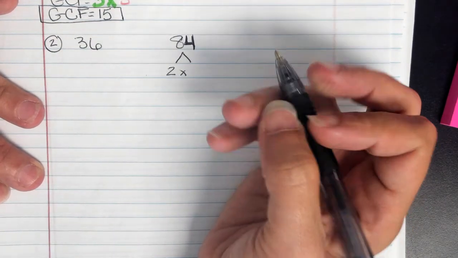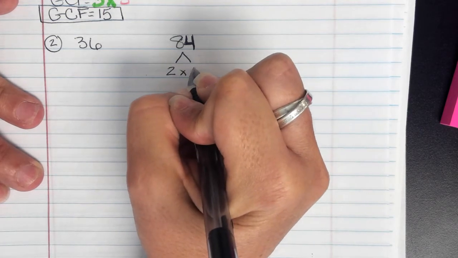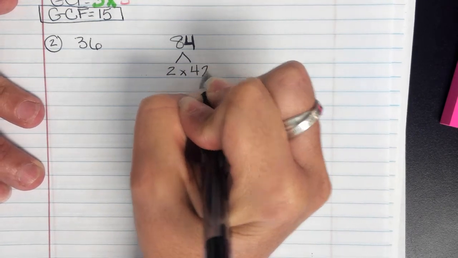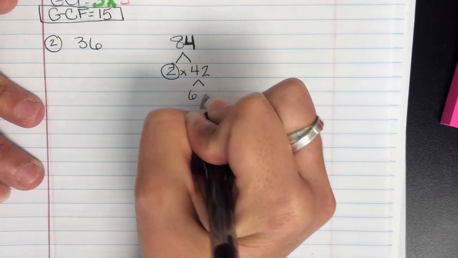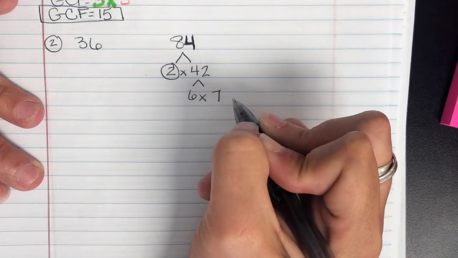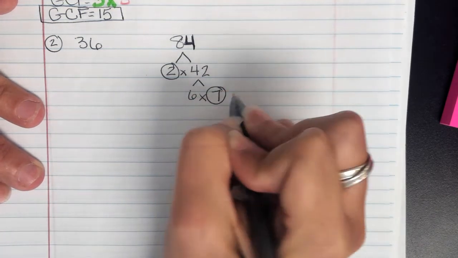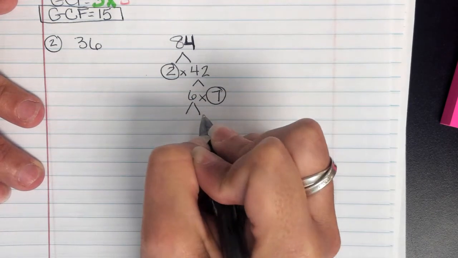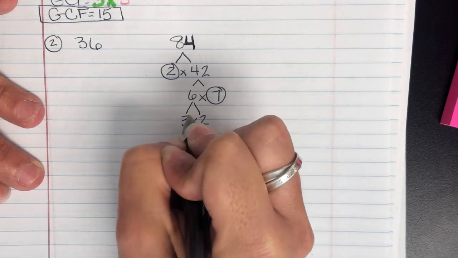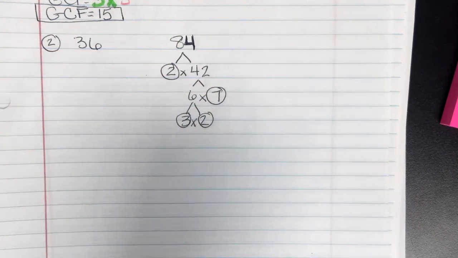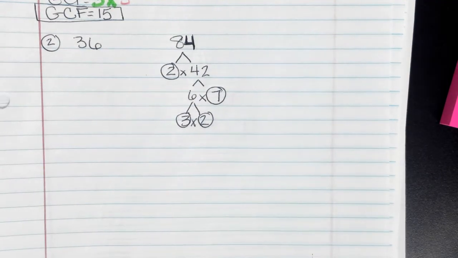You don't have to. 2 times 42. Then I take this and think, oh yeah, 6 times 7 is 42. Then I think 6 is 3 times 2. And I've got all the numbers. I've just kind of pulled them out.